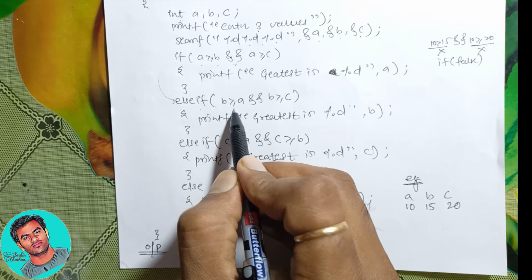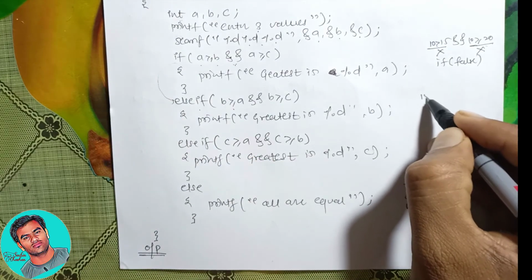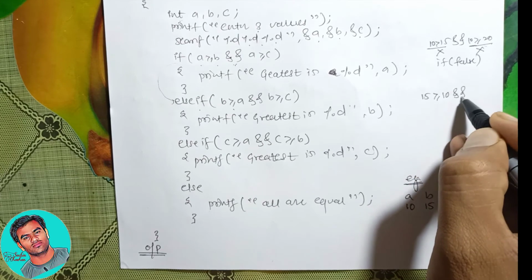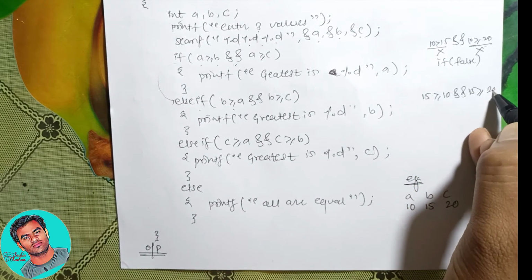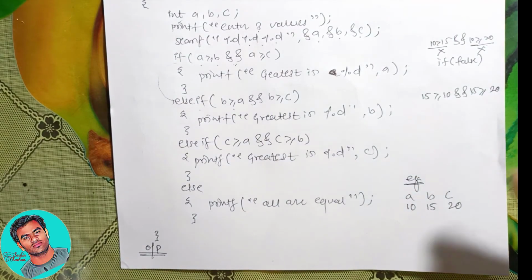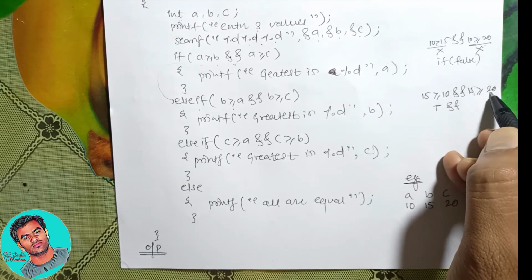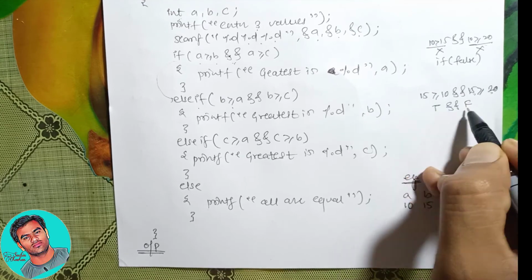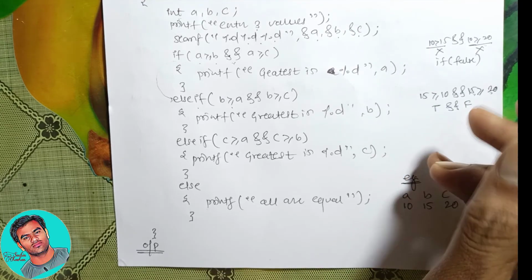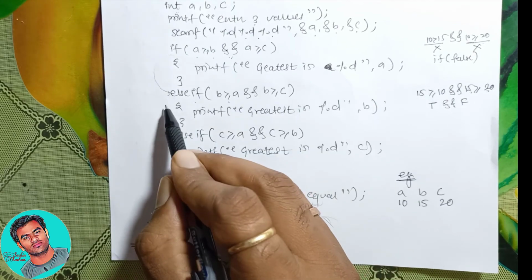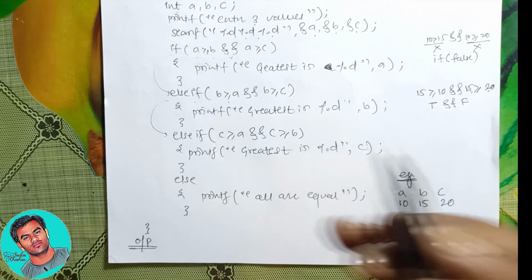So b greater than or equal to a: what is the value of b? It is 15. 15 greater than or equal to 10 is true, and 15 greater than or equal to 20, the value of c, is false. If any one condition is false, the whole condition gets false. So this else if condition is false, and the control moves to the next one.